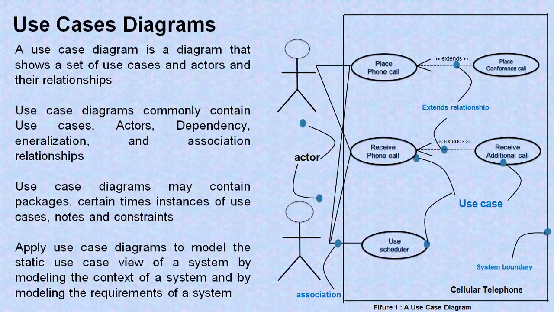We apply use case diagrams to model the use case view of a system. For the most part, this involves modeling the context of the system, subsystem or class, or modeling the requirements of the behavior of the elements. Use case diagrams are very important for visualizing, specifying and documenting the behavior of an element.